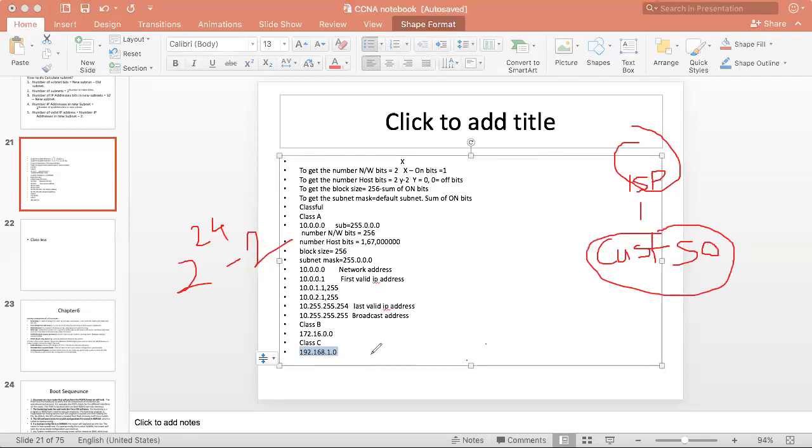But in class C, by default, how many valid IP addresses will there be in total in one network? 254, right?